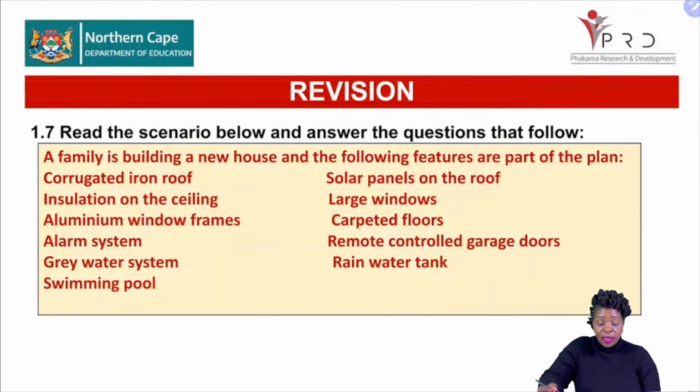It says, read the scenario below and answer the questions that follow. It says, a family is building a new house and the following features are part of the plan.